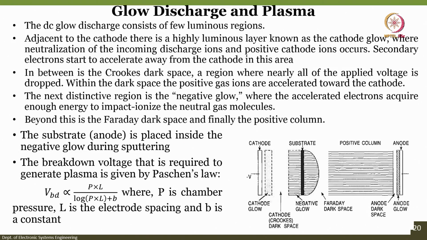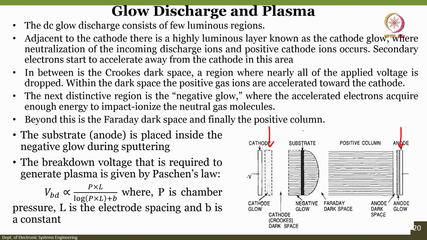So, if you want to understand further how the glow discharge and plasma between the cathode and anode occurs, then you need to understand that when you apply a voltage between cathode and anode, next to the cathode is always a cathode glow and next to the anode is an anode glow. Okay.